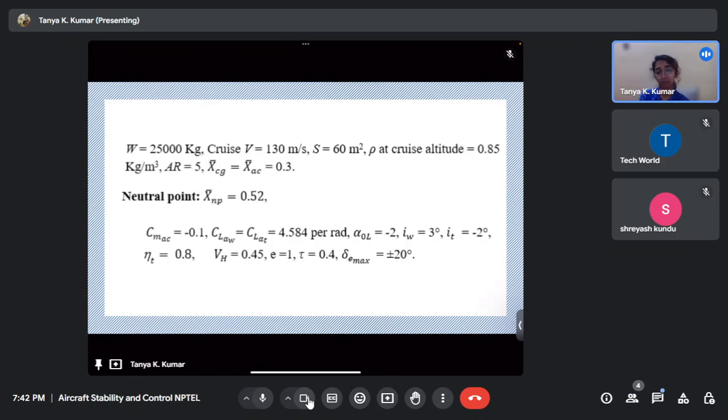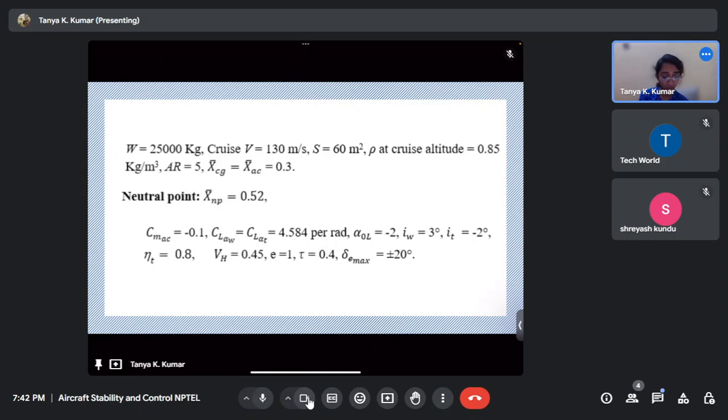You have CMAC, CL alpha wing and CL alpha tail to be the same, so you have the same airfoil. You have angle of attack at zero lift to be -2, wing setting angle, tail setting angle, tail efficiency factor, horizontal tail volume ratio, Oswald's efficiency factor, control surface effectiveness parameter, and maximum deflection of elevator.